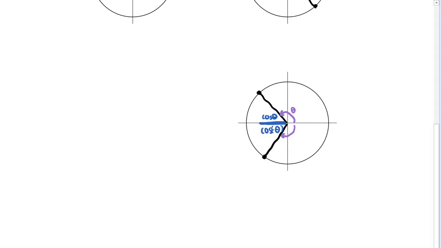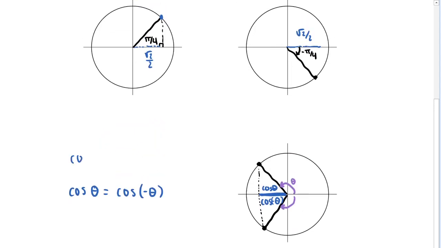Cosine of negative theta gives me that same leg length with the sign attached to it, plus or minus. But it gives me that same value whether I plug in a positive angle or a negative angle. And so really what we're saying here is that cosine of theta is the same as cosine of negative theta. And we can see it in our example above, just to have one concrete example, that cosine of pi over 4 is the same as cosine of negative pi over 4.